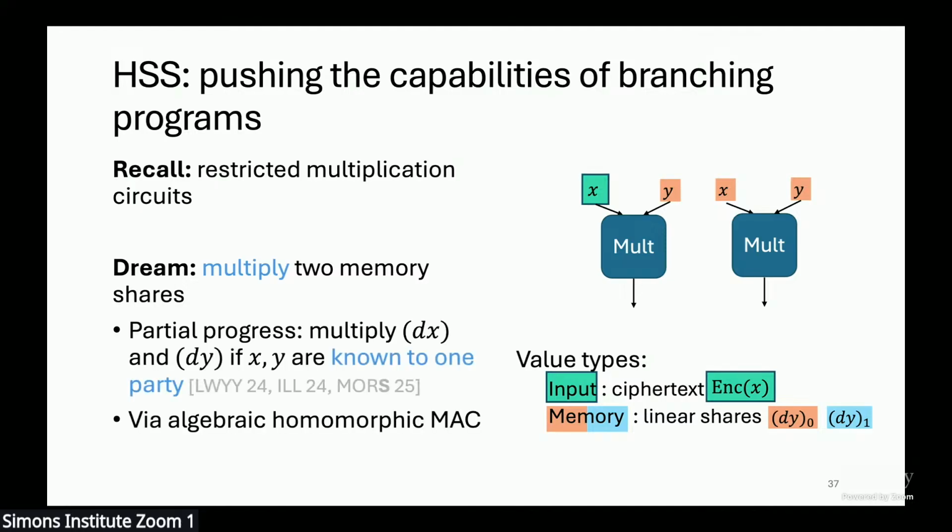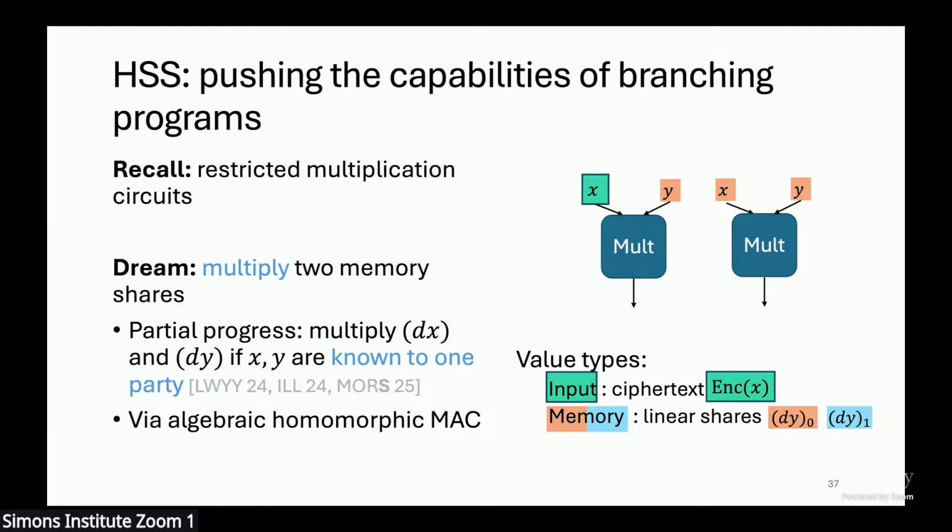But in some cases, there is some recent partial progress which shows that this can be done if you have a case where these two intermediate values, x and y, are both known by the same party. So you can locally multiply intermediate values by viewing these secret shares of d times x and d times y as a kind of algebraic MAC, where d is the secret MAC key.